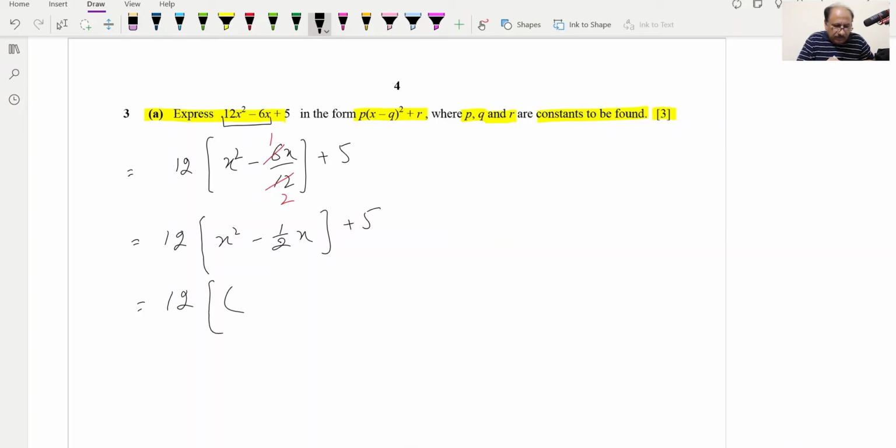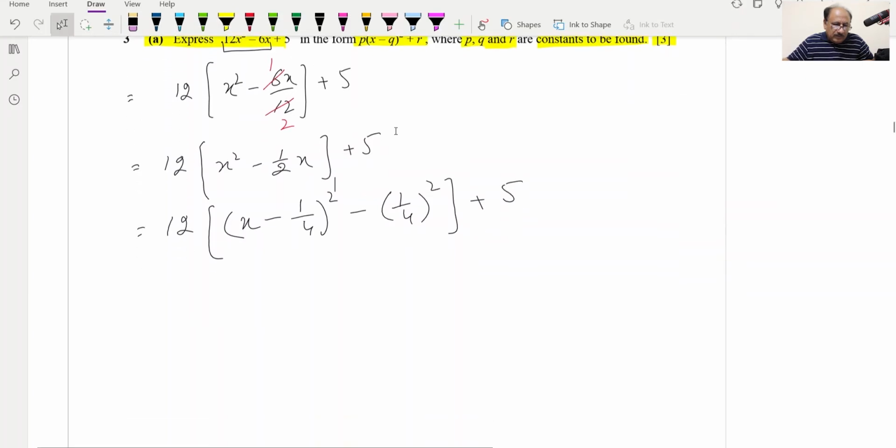We will put a bracket and x, copy the sign, and after copying we will take half of 1 by 2, the coefficient of x. Half of 1 by 2 will be 1 by 4, so 1 by 4 whole square, and minus 1 by 4 squared, this sign will always be minus, and bracket closed, and the last portion, this plus 5, we have copied over here.